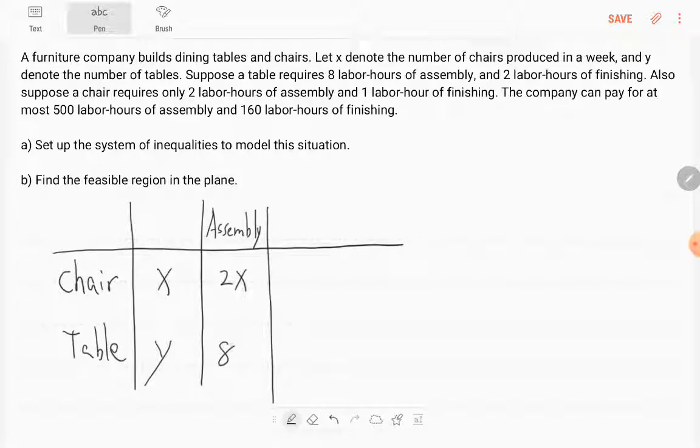So it's 8Y. The next row is finishing, the labor hour for the finishing. And the chair need 1 labor hour of finishing, so it's 1 times X, so it's X hours. And here is the 2 labor hours of finishing for table, so it's 2 times Y hours.